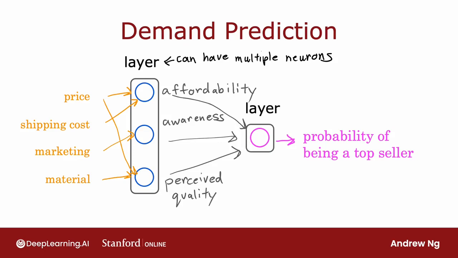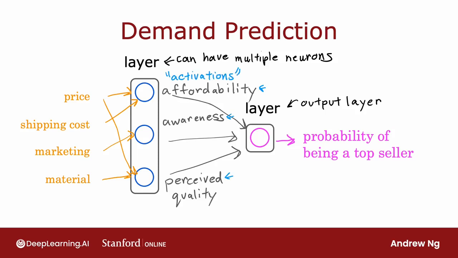This layer on the right is also called the output layer, because the output of this final neuron is the output probability predicted by the neural network. In the terminology of neural networks, we're also going to call affordability, awareness, and perceived quality activations.